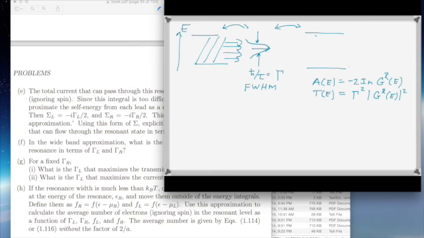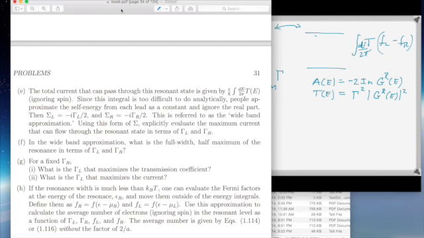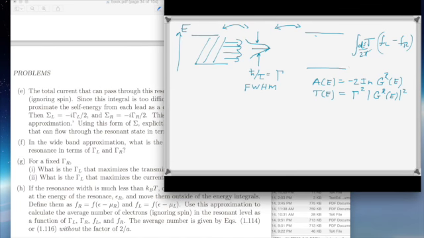So when you think of T times f left minus f right, you assume f right is 0, f left is 1, and then you integrate over all E, dE over 2 pi, with whatever factor goes out front, 2e over h bar. That's the maximum current that can possibly flow through that level.